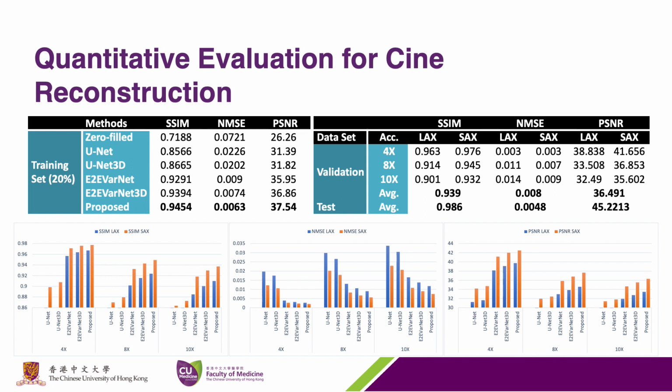Furthermore, our method also demonstrates robust generalization capabilities for unseen Cine data in both the validation and test sets, as reported in the top right table. These findings demonstrate the effectiveness of our proposed method in achieving high-quality Cine reconstructions.